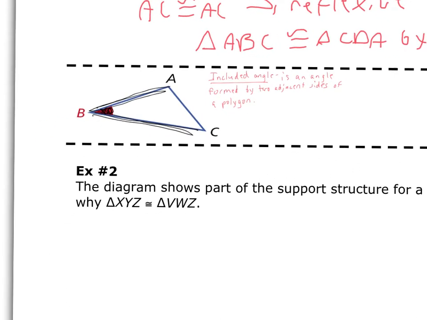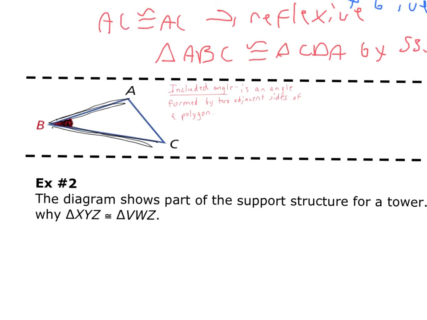Now here in a second, we're going to be talking about the SAS theorem. Okay, and what SAS says is that to have two triangles be congruent, you have to have two sets of congruent sides, okay, but each of those triangles has to have an included angle between those congruent sides.